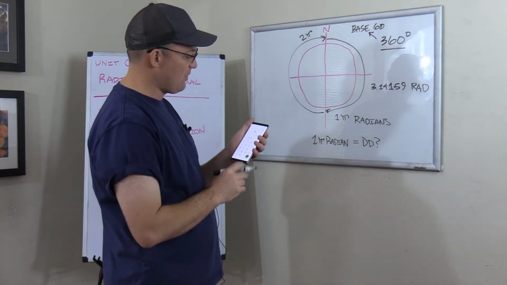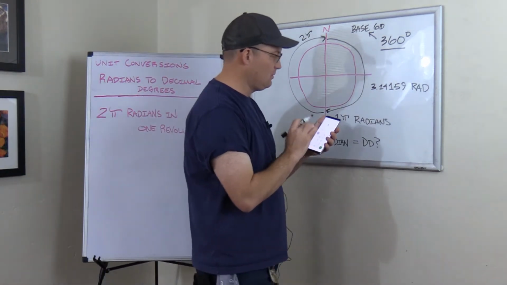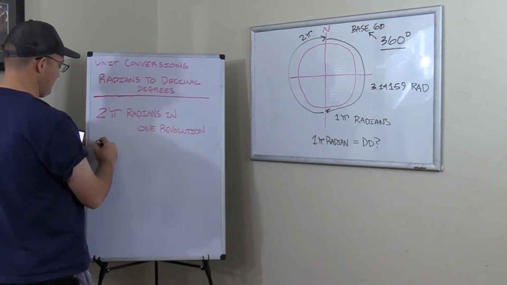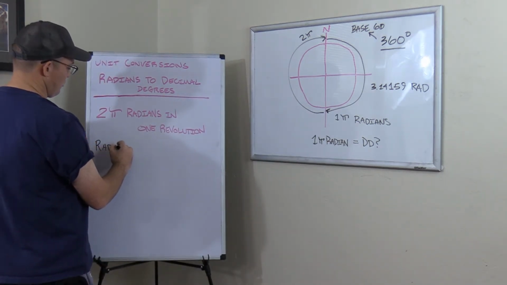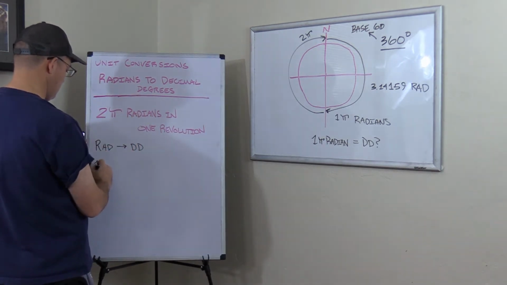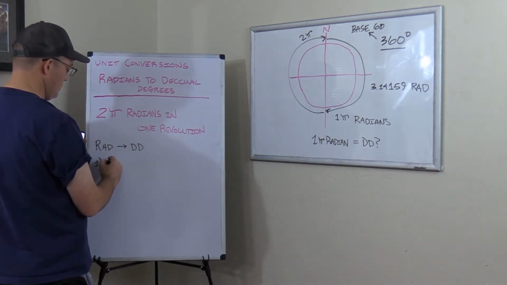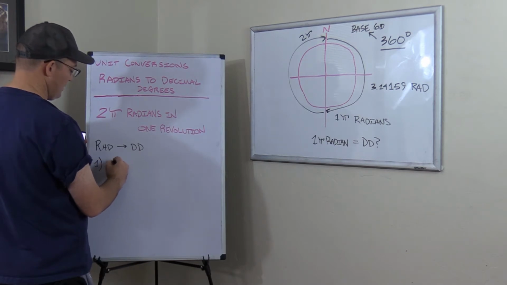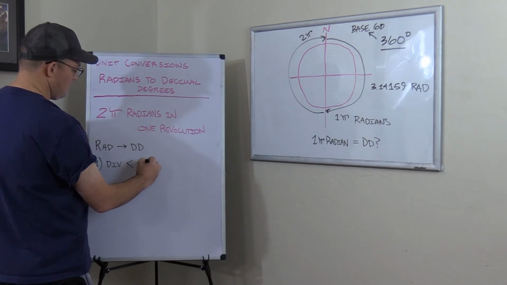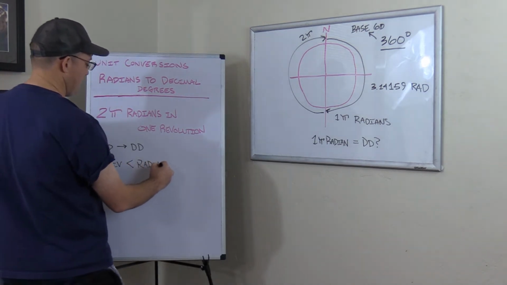We know there's 2 pi radians in a circle, right? So I'm just going to write this out. If you're converting from radians to decimal degrees, from rad to DD, step 1 is you divide the angle in radians by 2 pi.